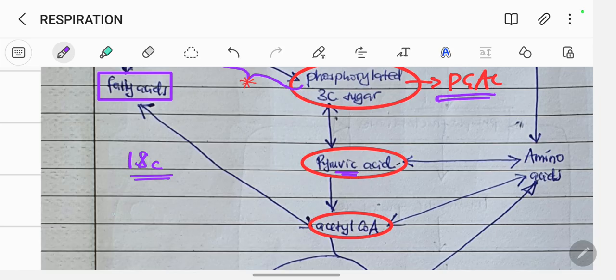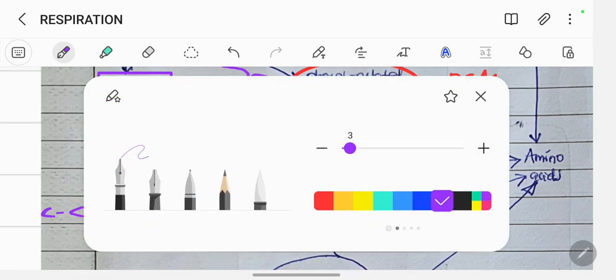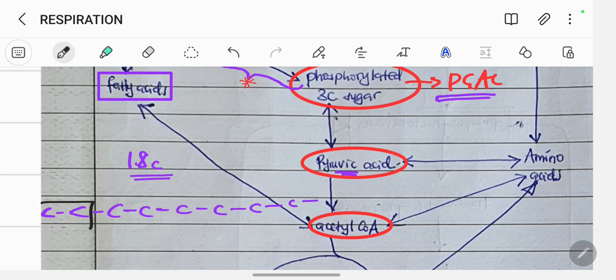So if there are 18, we start breaking down 2, and every 2 carbon atom unit is going to be converted into acetyl-CoA.